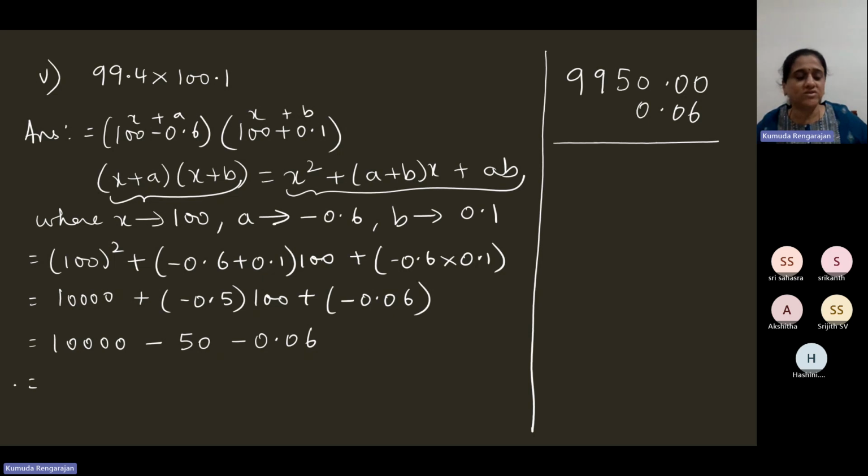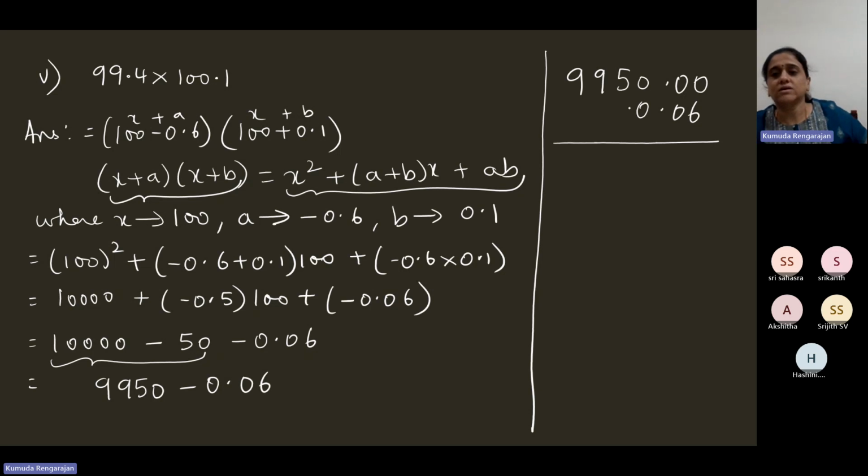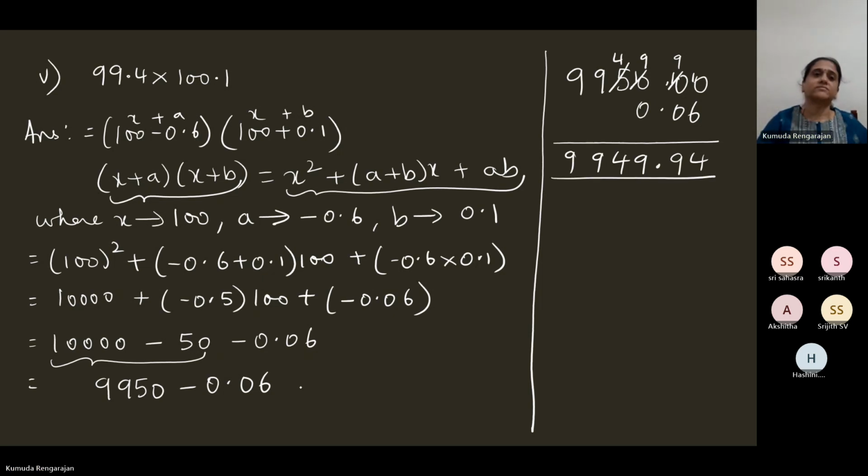This becomes 10, 9, 10, 9, 10. 10 minus 6 is 4. 9 minus 0 is 9. Point, 9 minus 0 is 9. 4, 9, 9. How many different answers?